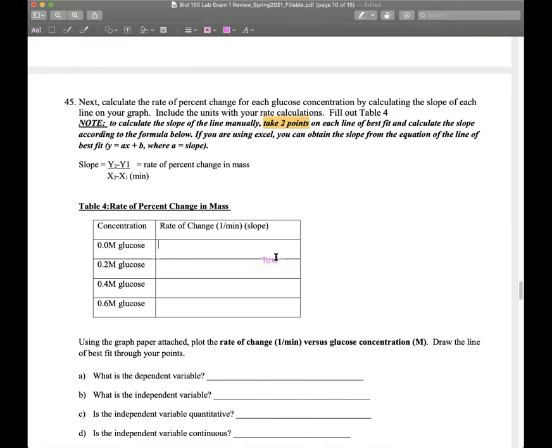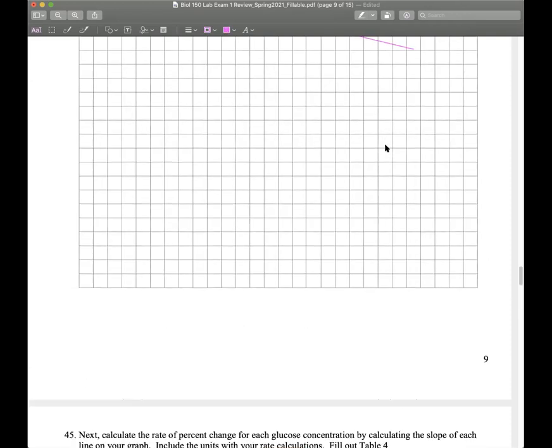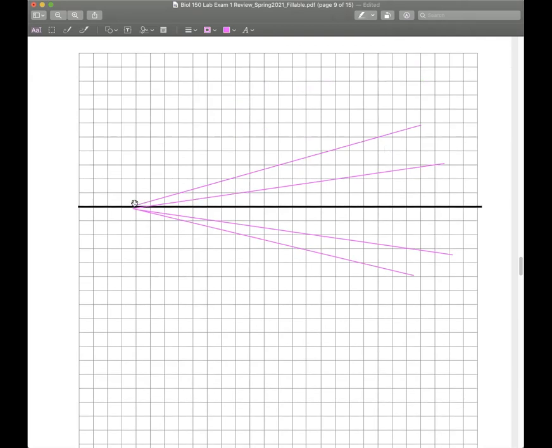So you can take either 2 points? By 2 points, I mean for this line, the easiest or most accurate way to calculate the slope would be to use your starting point and then your end point.